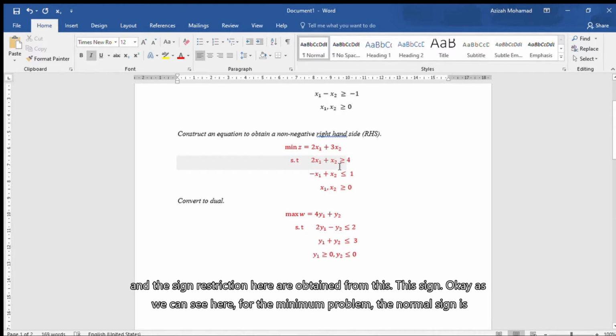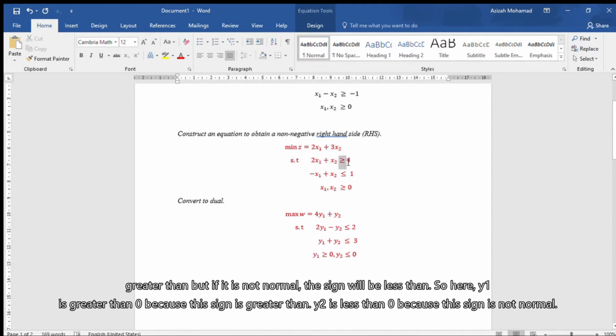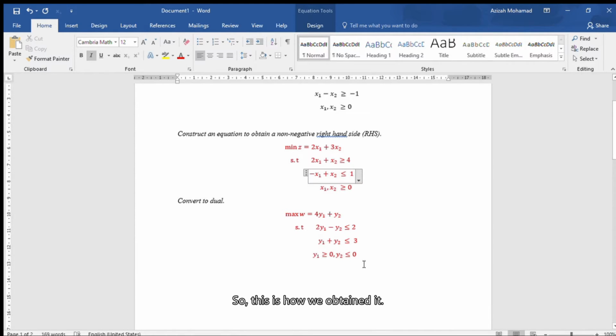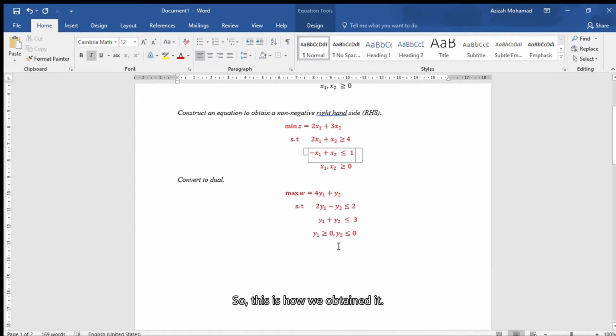As we can see here, for the minimum problem, the normal sign is greater than. But if it is not normal, the sign will be less than. So here, y1 is greater than 0, which is normal because this sign is greater than. y2 is less than 0 because this sign is not normal. So this is how we obtain it.